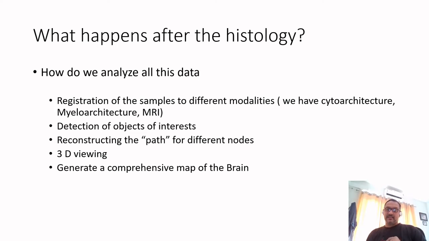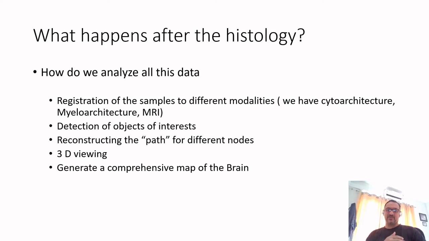Your next lecture by Dr. Shamik Banerjee will tell you about some of the techniques that we use to do this. The next part is to reconstruct the path for all the different nodes that we just mentioned. Let's say we found a fiber going from point A to point B. Because I've registered everything in a reference space or template, I can now say this particular node was in visual cortex, this one was in auditory cortex, and this is the density of the connection.